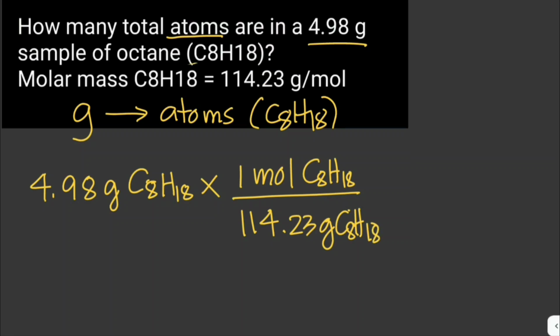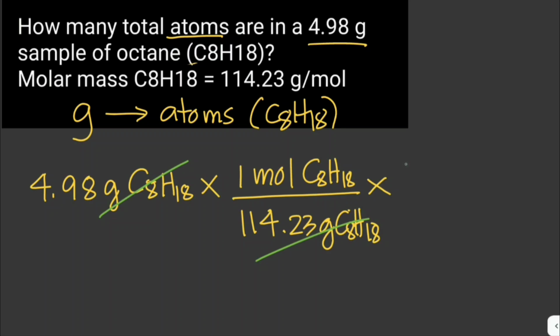So we just flipped it. Instead of grams per mole, we multiply it by mole per gram instead. So we can cancel out the unit gram. And now we're left with the unit mole of octane. So we just have to multiply this by the Avogadro's number in atoms.